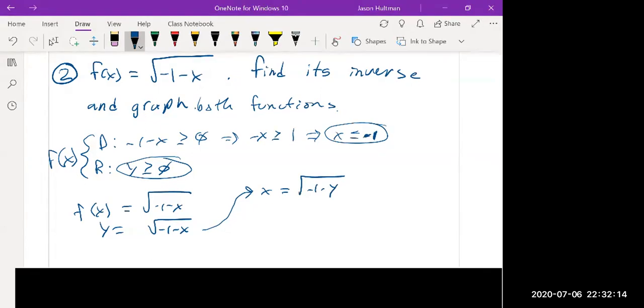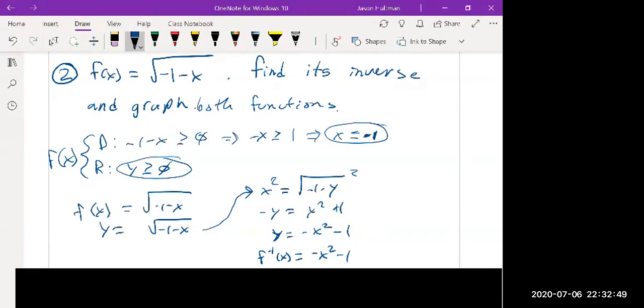Then I'm going to square both sides here to get rid of that square root. We're going to get -y is equal to x squared minus 1. Is that right? No, x squared plus 1. And we get y is equal to -x squared minus 1. So this is now my inverse function: f inverse of x is equal to -x squared minus 1.